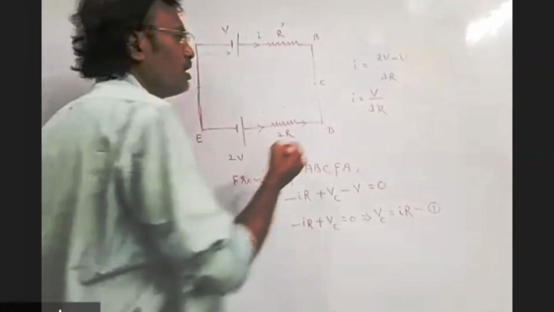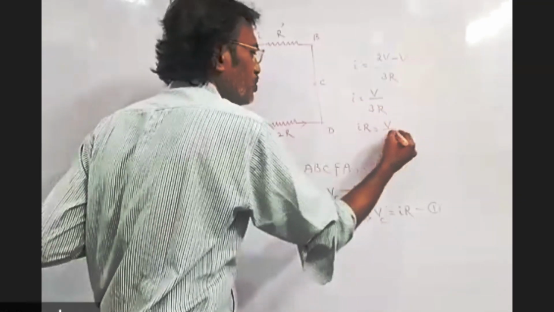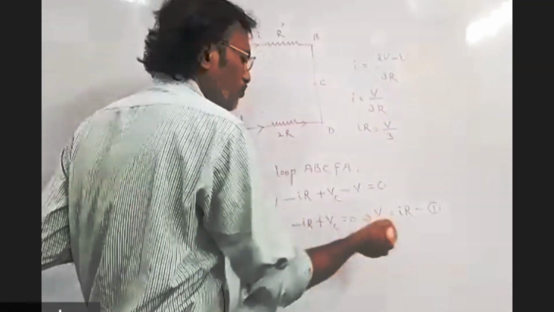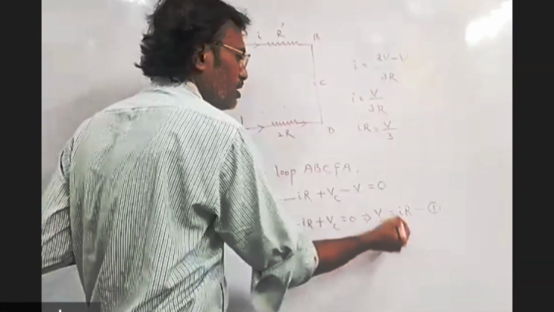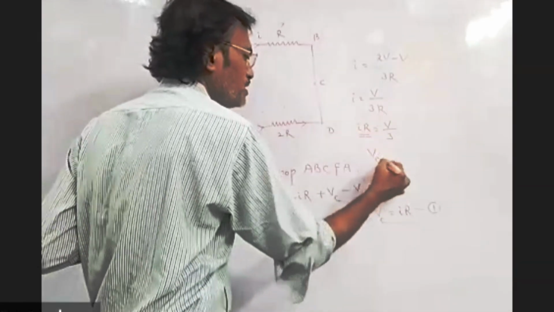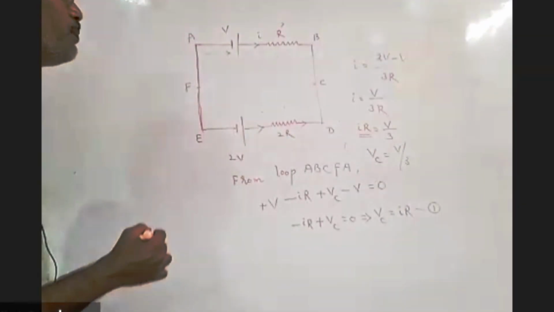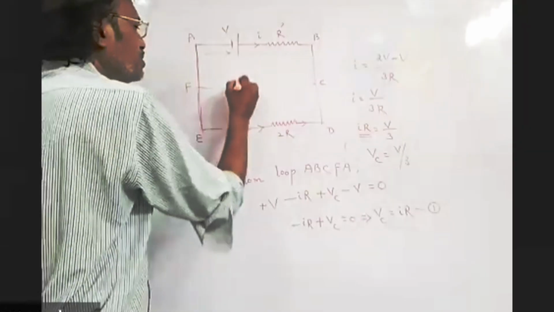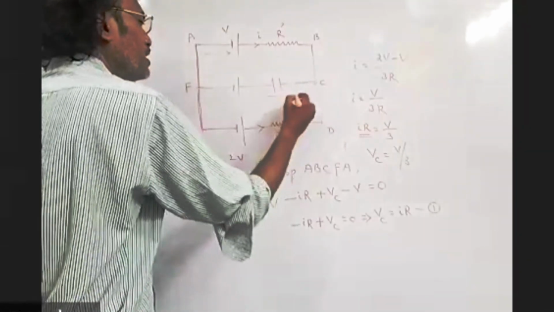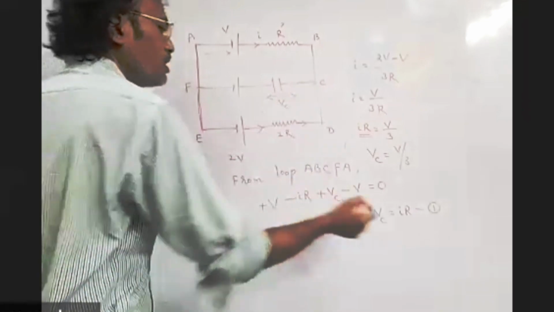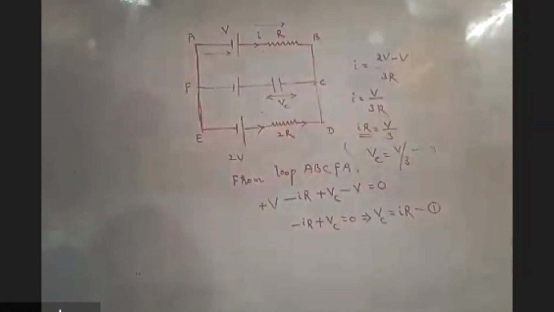Now taking IR, this R taken to this side, IR is equal to V by 3. From the first equation, VC is equal to IR, so in the place of IR, I'm writing VC, which is V by 3. The question is, what is the potential difference across this capacitor? Across the capacitor, the potential difference is VC, and VC is equal to V by 3.